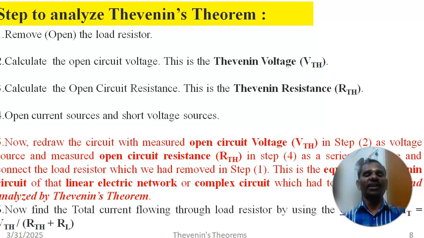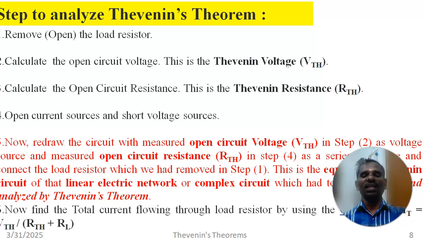Now redraw the circuit with the measured open circuit voltage, which is VTH, which has been found in step 2, and the resistance RTH, which has been found in step 3, which should be connected in series with the load resistance we have removed in step 1.